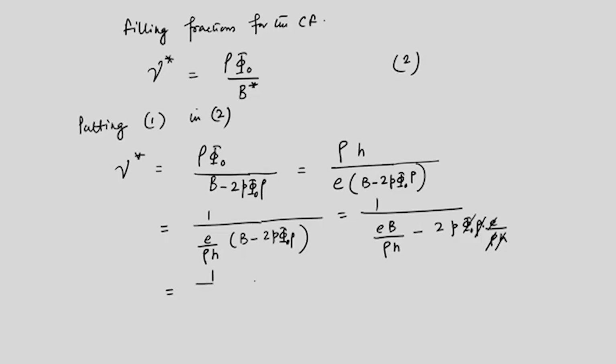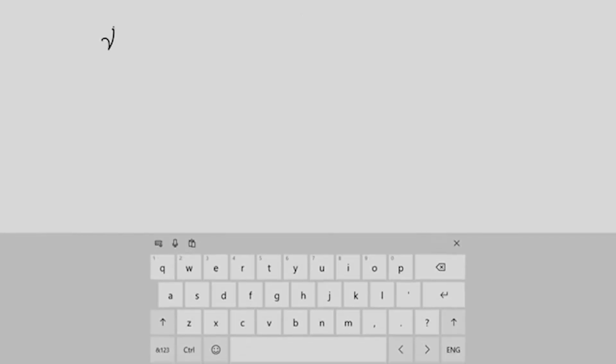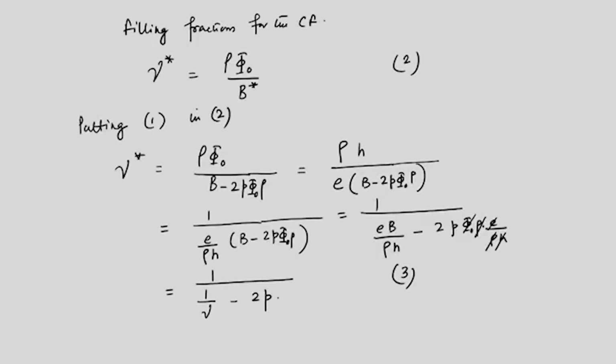So, this is the inverse of it rather. So, it is 1 over nu minus 2p and so on. So, let us call this equation 3, and then we can write down nu star in terms of nu to be equal to nu over 1 minus 2p nu, and let us call this equation 4.